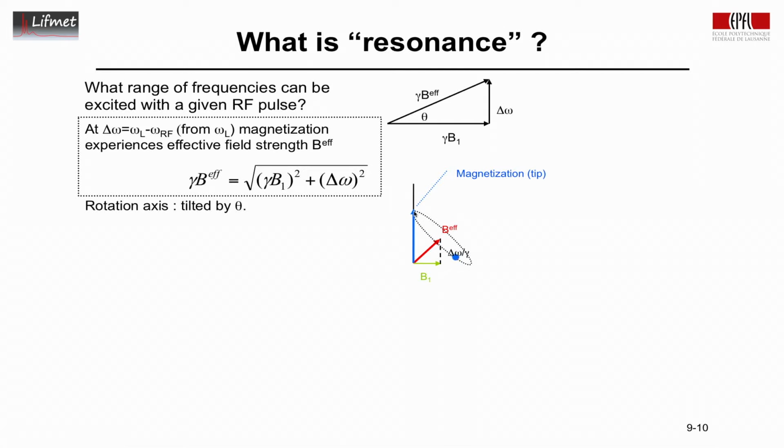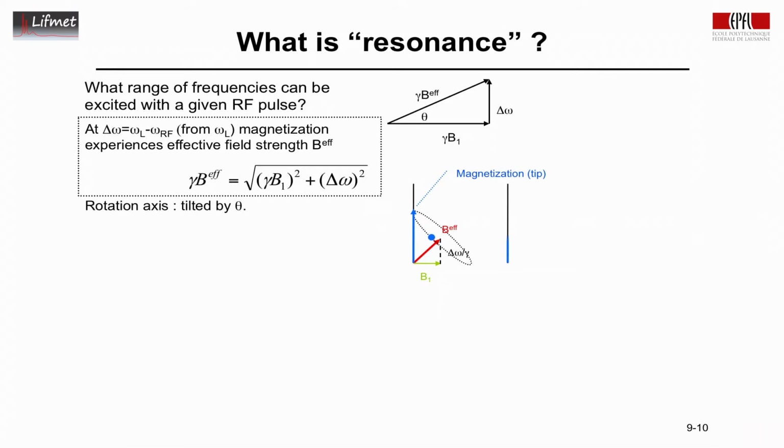And in this case, we are still able to get the magnetization from being along Z to being in the transverse plane. But remember, when we had the B1 only here, we were on resonance, this term is 0, so the B effective is along B1, then we can easily rotate the magnetization also into the minus Z orientation. Here, with this particular condition, we are no longer able to do that. Now let's take the same situation.